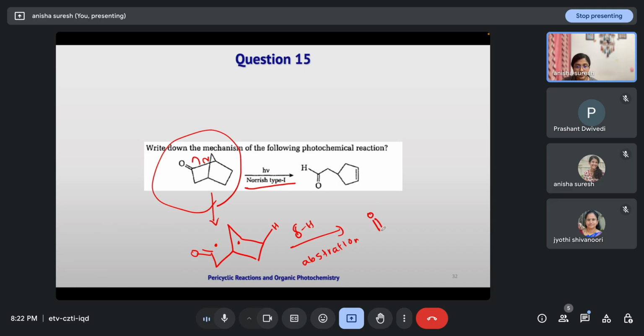Double bond O, these two radicals. Then to these two, here hydrogen will be coming and an aldehyde will be forming. These two radicals can recombine, leading to formation of double bond OH. Okay.